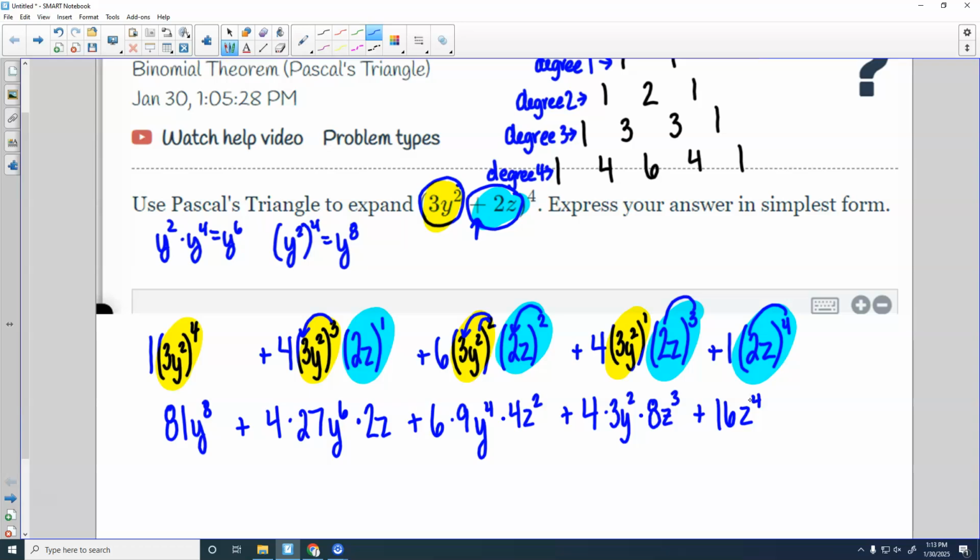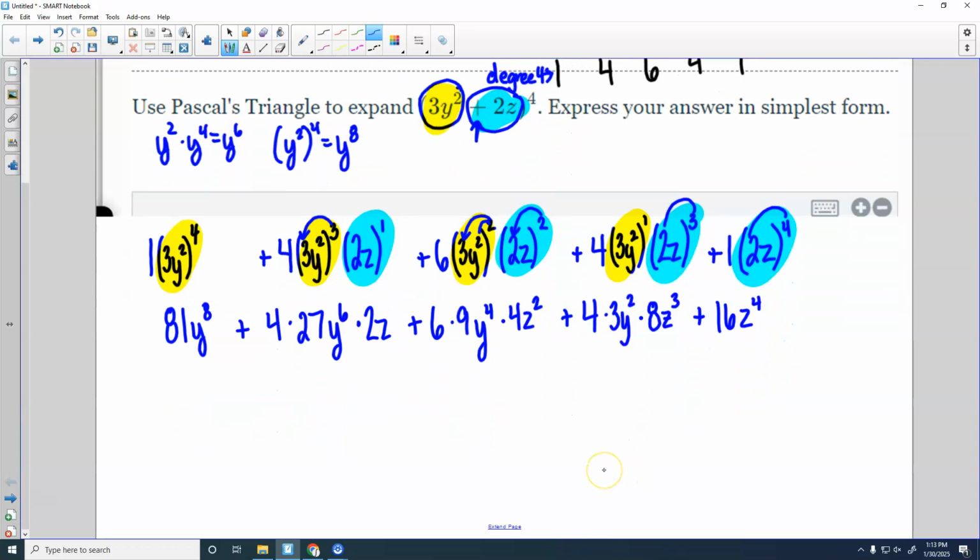And then you wouldn't want to type it in like this. You would want to, like 81y to the 8th is fine. But you need to multiply 4, 27, and 2. And here's definitely where you pull out the calculator if you need it. 4 times 27 times 2 is going to give you 216. You'll have y to the 6th z.